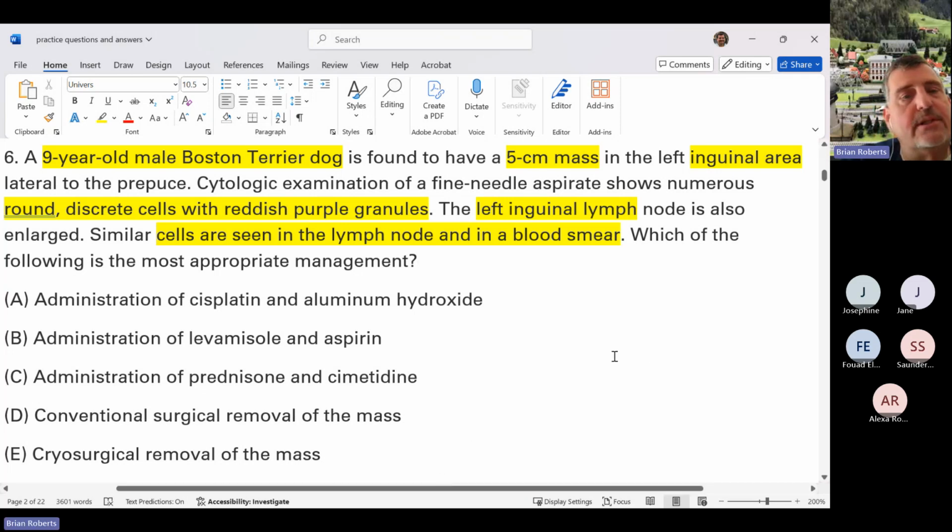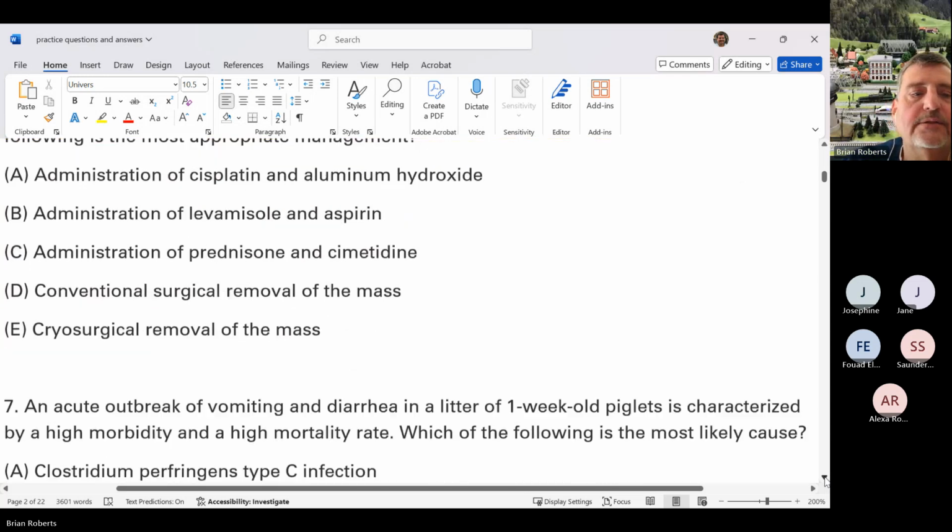So that one's a little tricky. That one's a little difficult, and again, it's poor exam writing. You shouldn't have two options for every answer. It should just be a single option, but these do slip through.